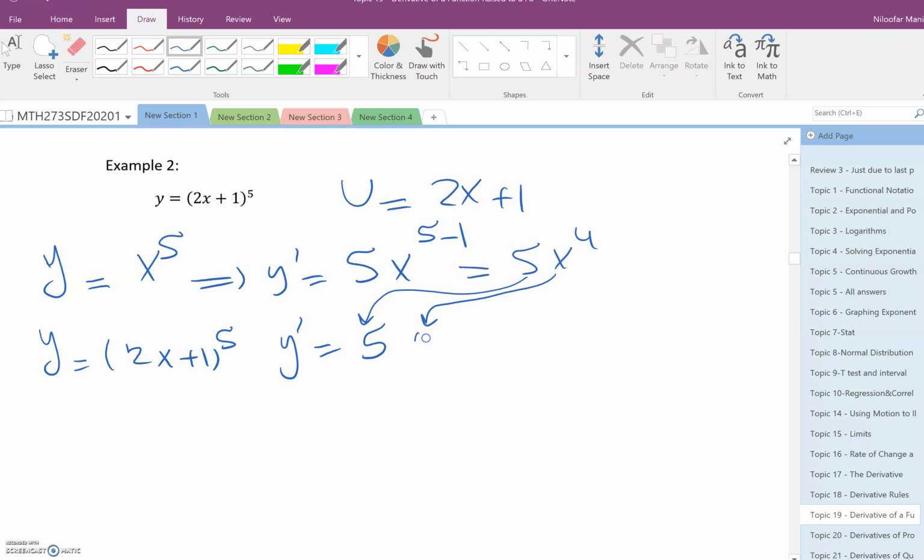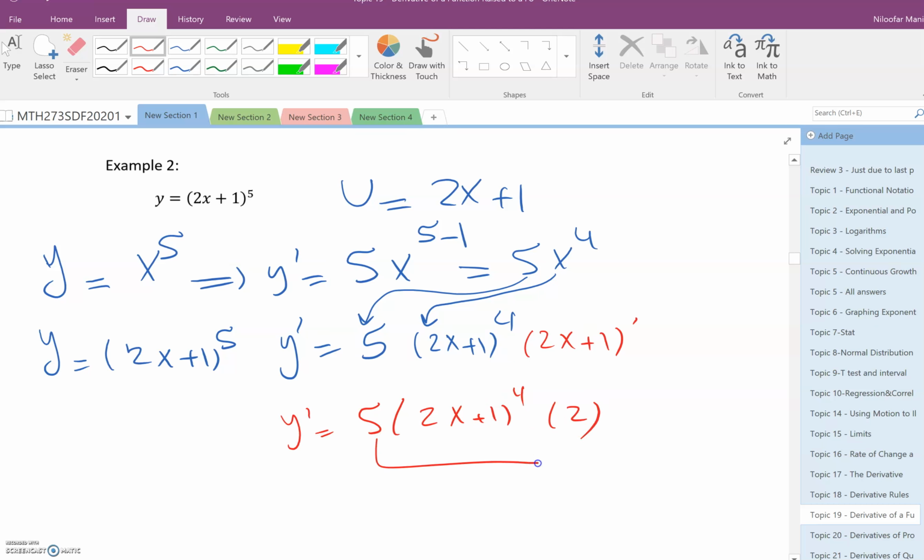Instead of x, I put u, times with u prime. I'm not done. Y prime is 5 (2x plus 1) power 4 times 2. And you have to times 2 and 5 together. You cannot take 5 inside because that's power 4. So now y prime is 10 (2x plus 1) power 4.